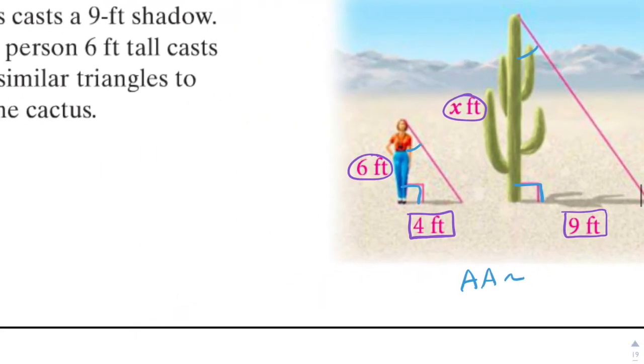So we're going to say 6 feet is to x feet, as 4 feet is to 9 feet. Again, I'm going height of person is to height of person, as length of shadow is to length of shadow, going left to right, left to right.